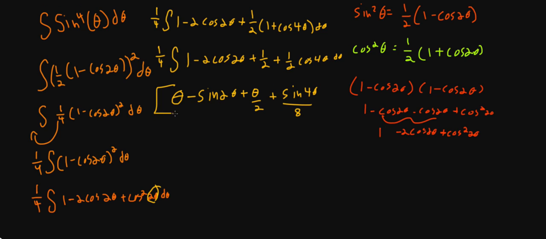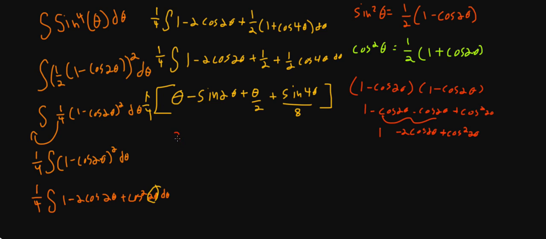And then this whole thing is multiplied by 1/4. From here we can either leave it like that, or we can distribute the 1/4 to every term. First let's add theta and theta over 2. That's 3 theta over 2. Let's go ahead and multiply this also.